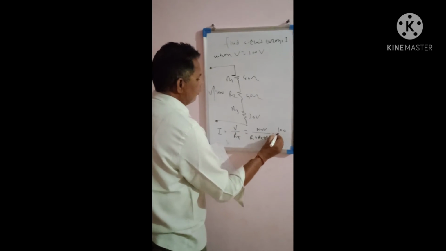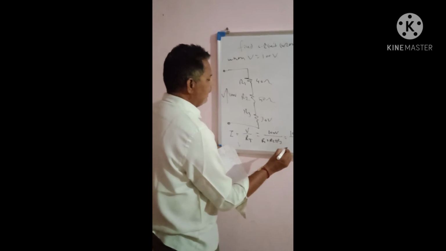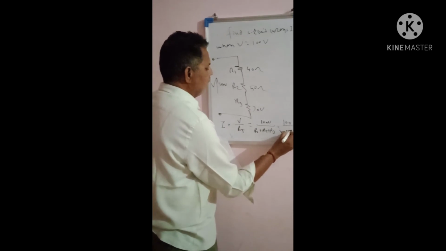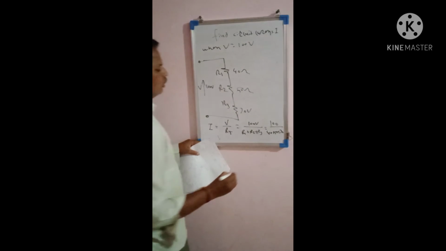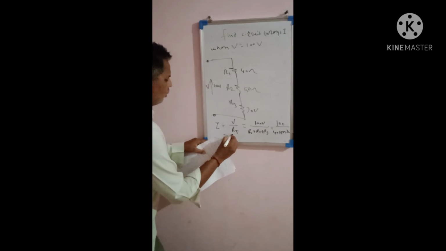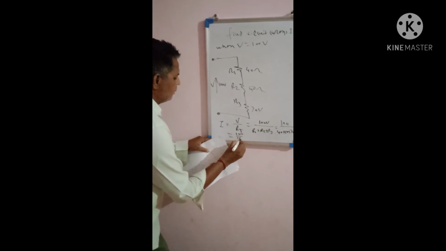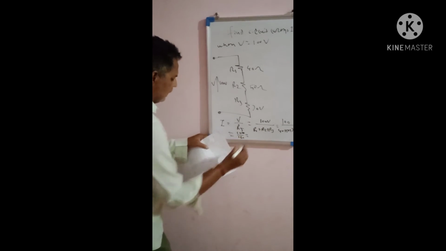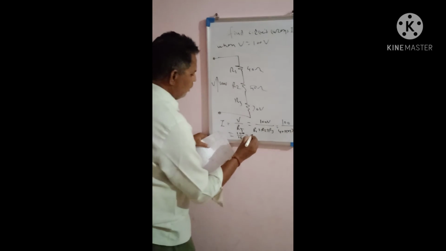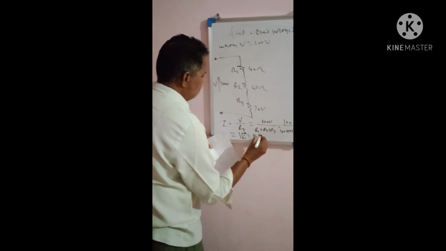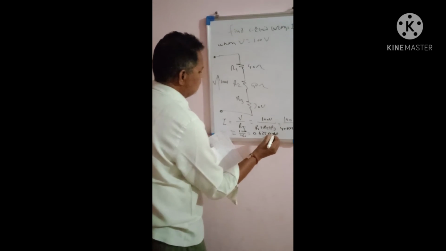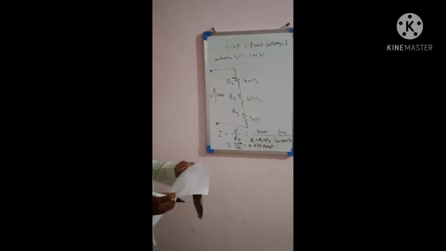After simplification we get a relation like this: 100 divided by 40 plus 50 plus 70, and this turns out to be I equal to 100 divided by 160, and it turns out to be 0.625 ampere.